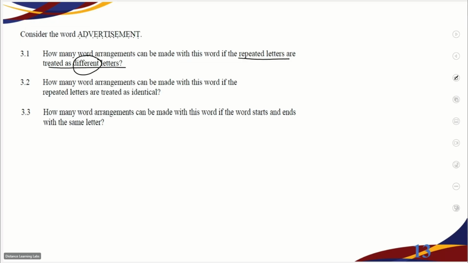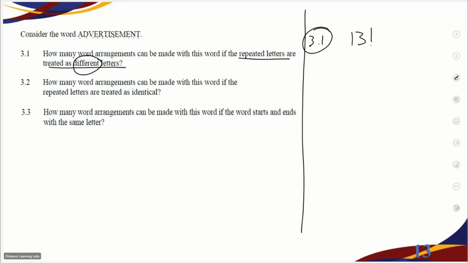If they are treated as different letters, it means there is no fraction, because E1, E2, E3 are now different. Advertisement has 13 letters, so 13 spaces, which means it would happen in 13 factorial ways.